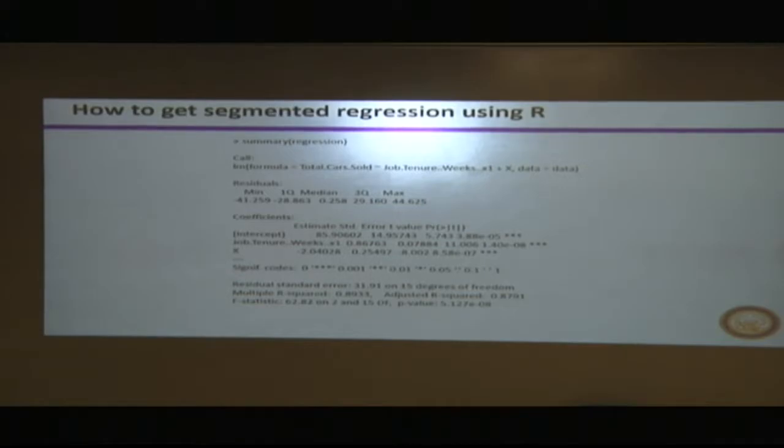Let's run summary. We can see from here that the model is significant. The variables are significant. The residual standard error is 32. The R square is close to 0.9. The F is 62. It's really good, right? It's pretty good.